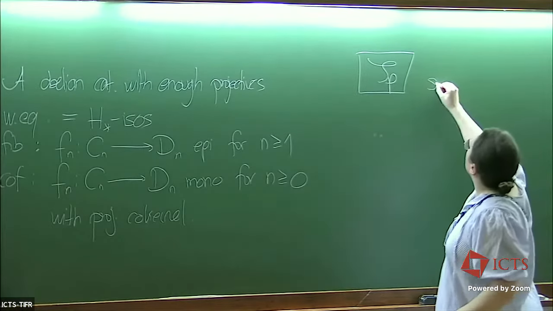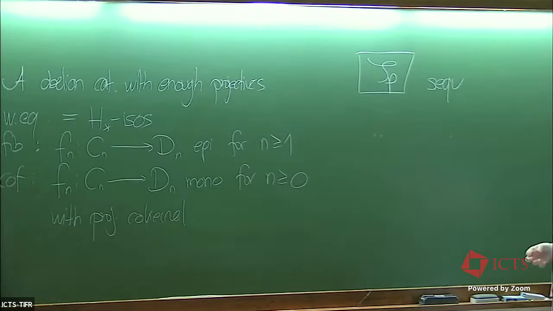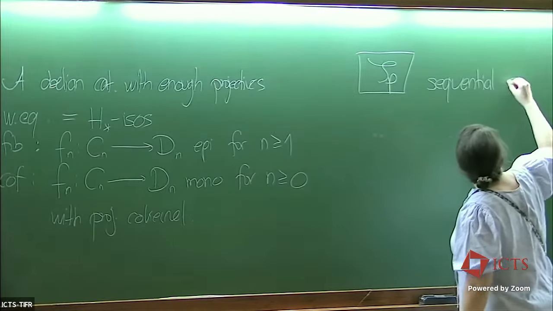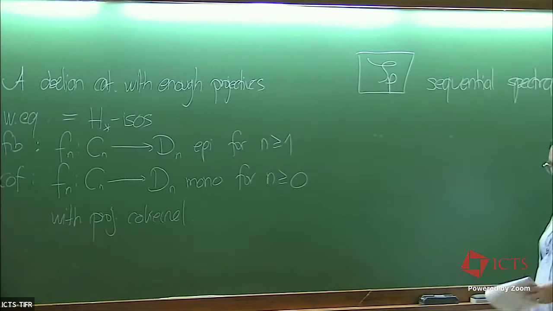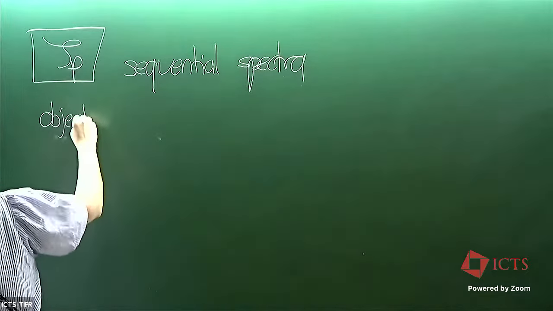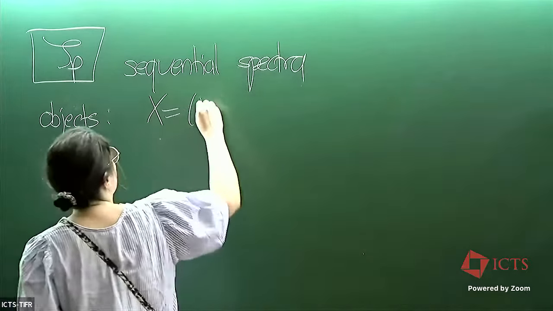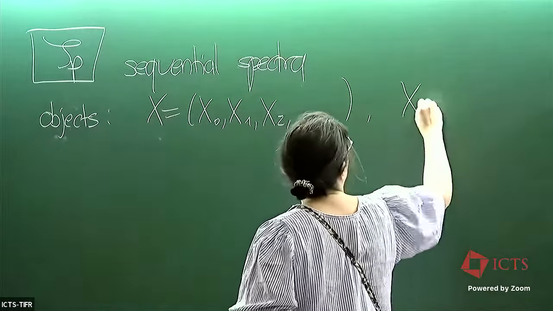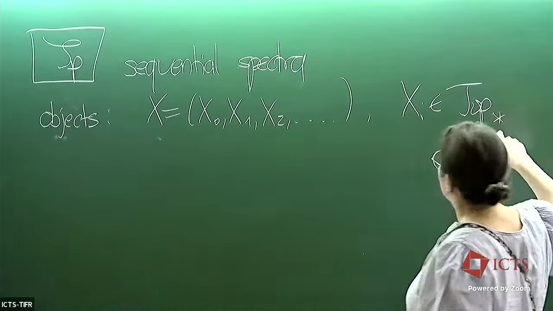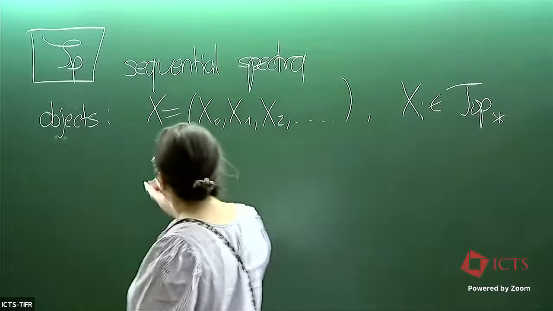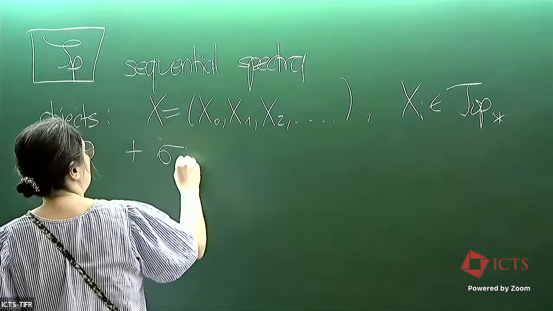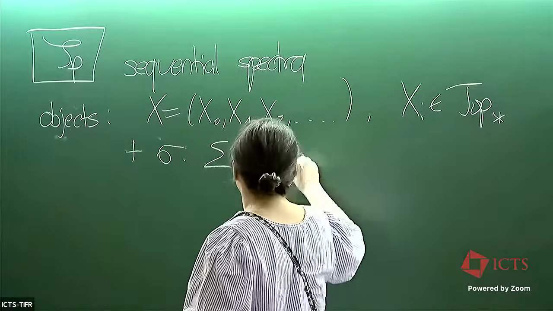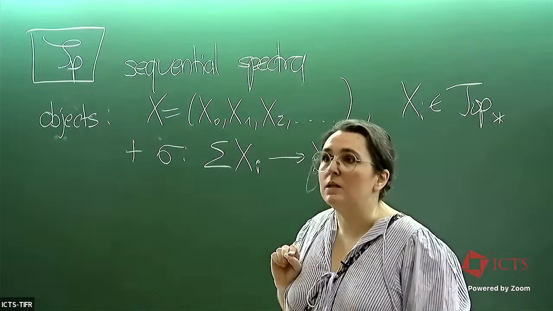So the very simple category of spectra that I'd like to consider is the category of sequential spectra, where the objects are sequences of pointed topological spaces, so with base point, together with structure maps from the suspension of one space, space number i, to the next one.